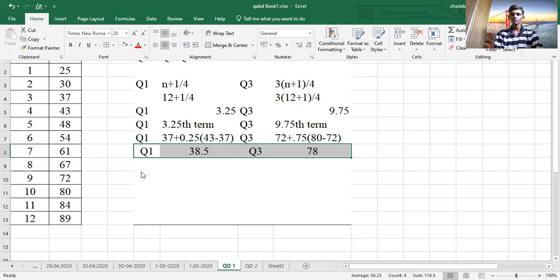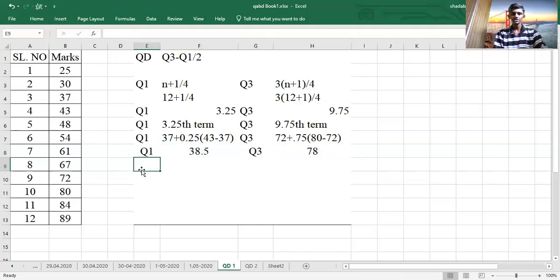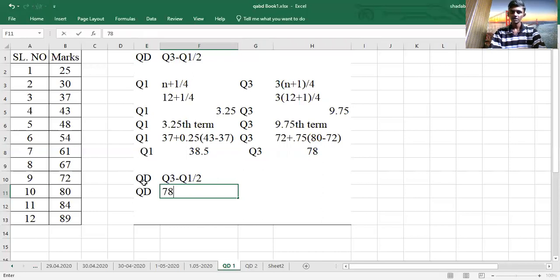As we know, the formula for calculating quartile deviation is (Q3 minus Q1) divided by 2. Now QD equals (78 minus 38.5) divided by 2.